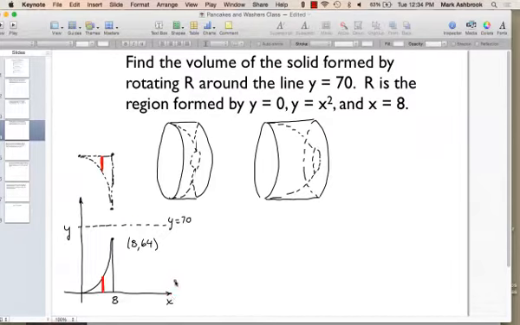That hole in the bottom of the bowl, is that the bottom at y equals 64 and the top at y equals 70? No, the hole is here. Imagine this thing is rotating about y equals 70. So this is the hole right here, so it would be 64 and 76.